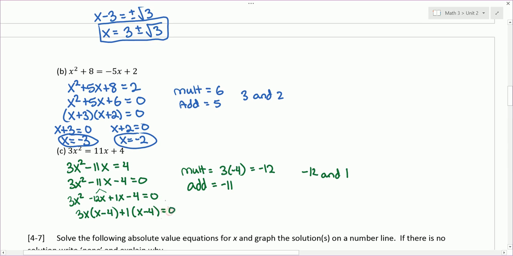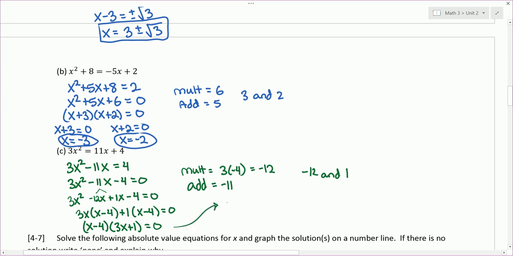And for this to work, we want both of those parentheses to match. They both have an x minus 4. So because of that, we can factor out an x minus 4. And we're left with the 3x plus 1. Now it's factored.